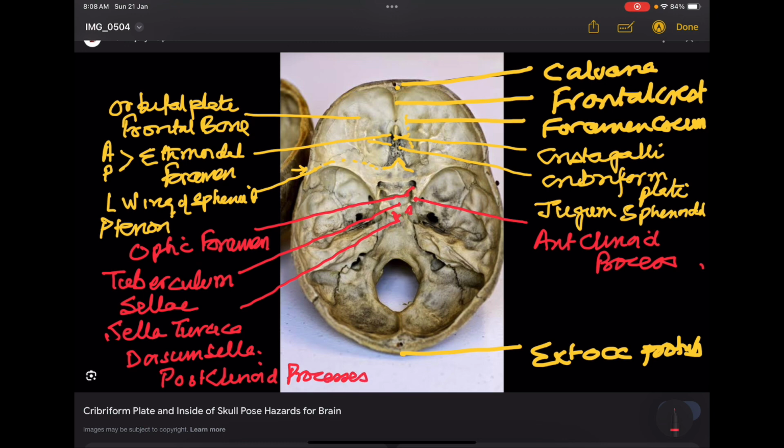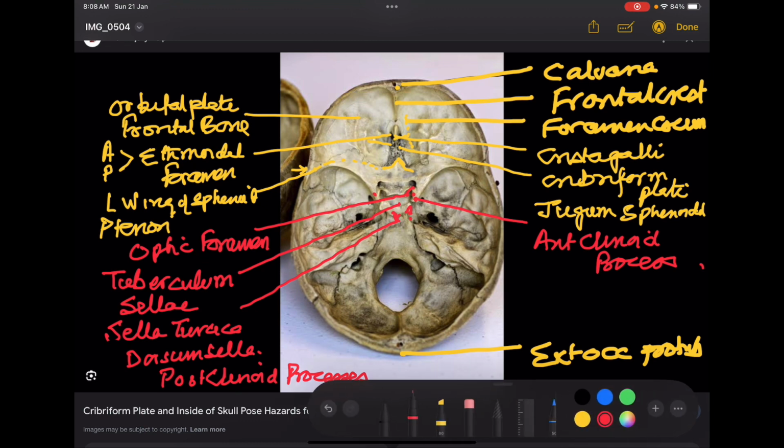Connecting the anterior and posterior clinoid processes is a membrane like this, which is called the diaphragma sellae.